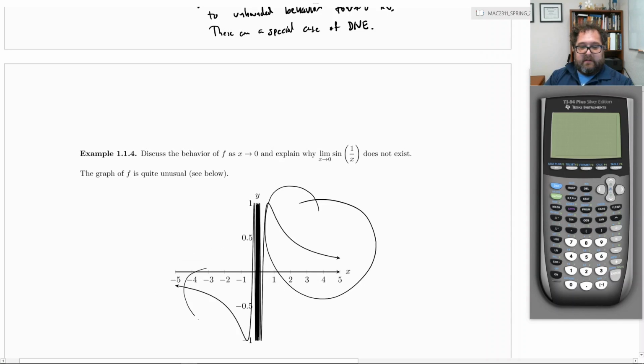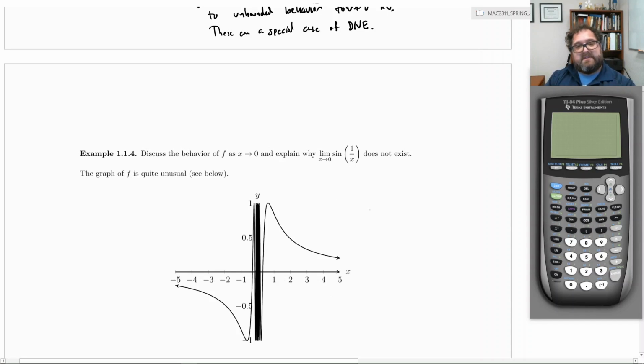To the left of the origin's fine, but right at 0, this graph is crazy. Basically, it bounces back and forth between -1 and +1 an infinite number of times. In fact, the closer you get to 0, the faster it oscillates. Okay? So what does that mean?